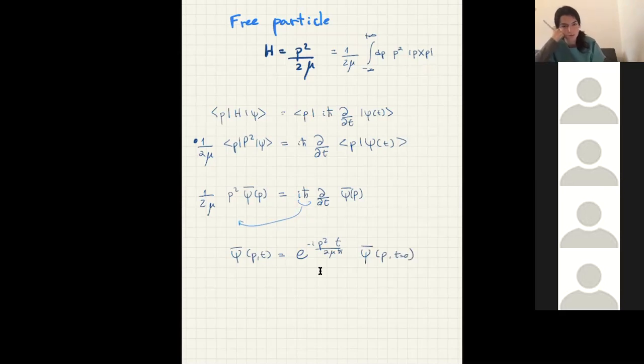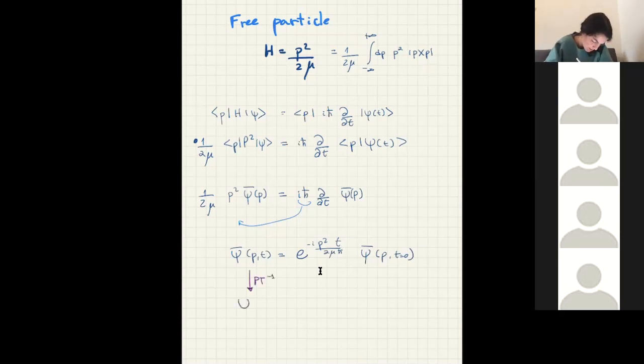Okay, so how do we go from here to x? Well, if you want to write the wave function in the x basis, then we just take this and we apply the Fourier transform. In this case, the reverse Fourier transform.